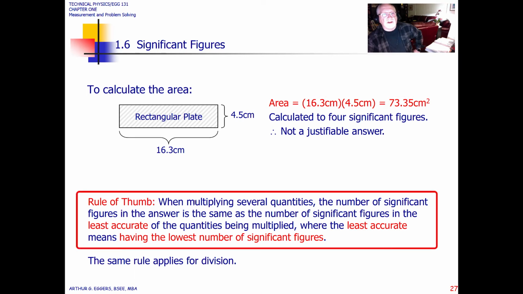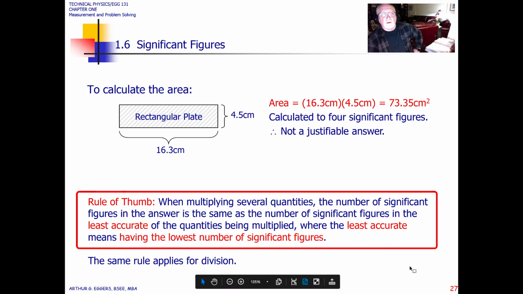The rule of thumb says when multiplying several quantities, the number of significant figures in the answer is the same as the number of significant figures in the least accurate of the quantities being multiplied, where the least accurate means having the lowest number of significant figures.